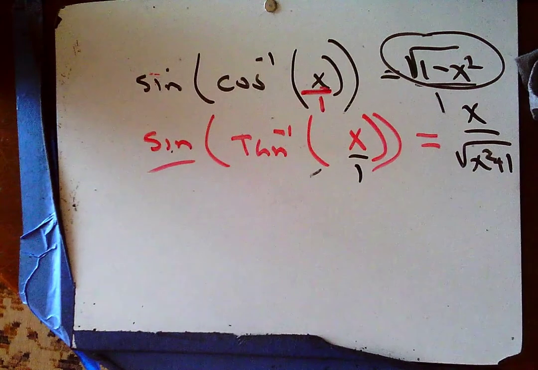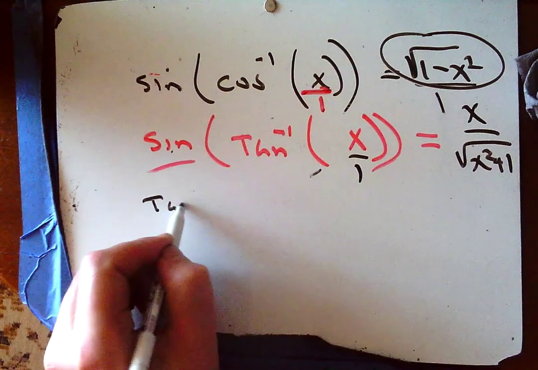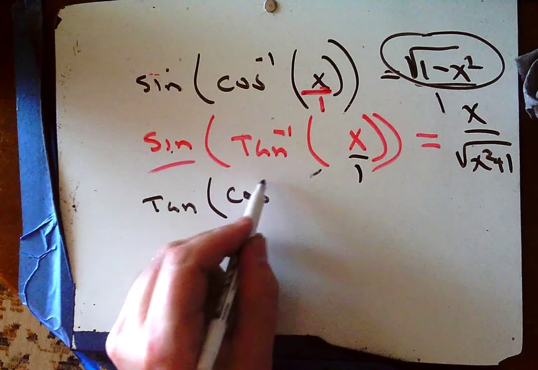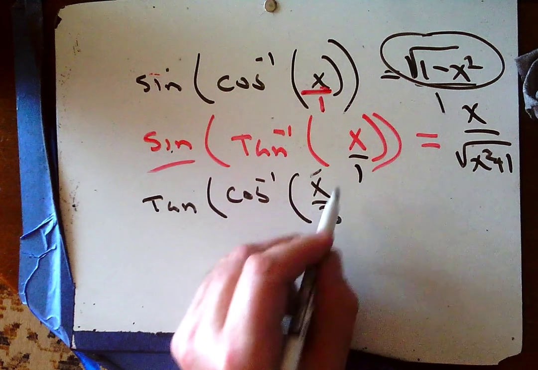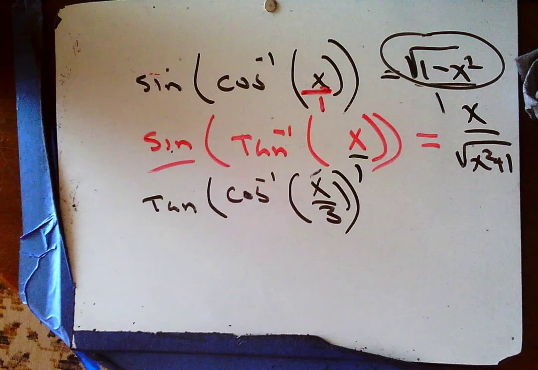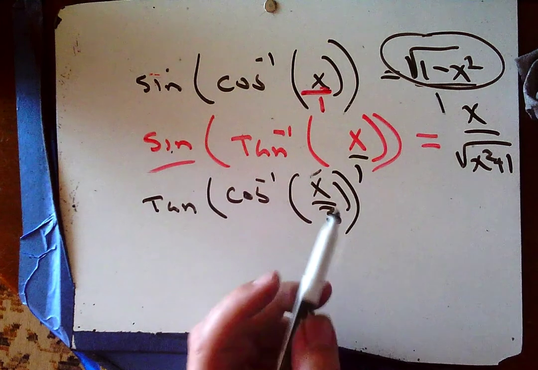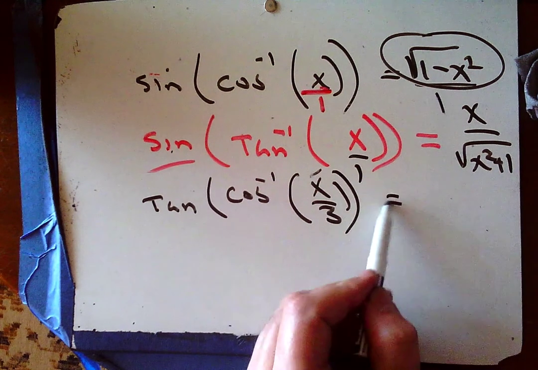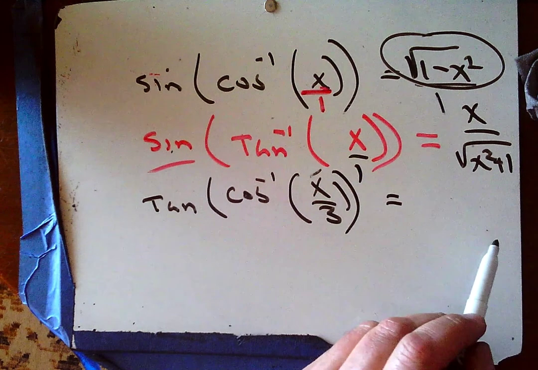All right, how about this one? Tangent of cosine inverse of x over 3. Five, four, three, two, one.